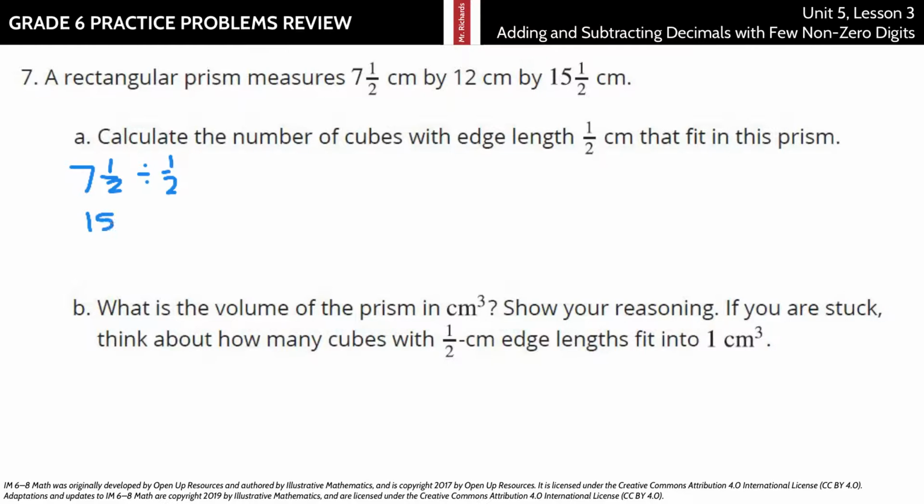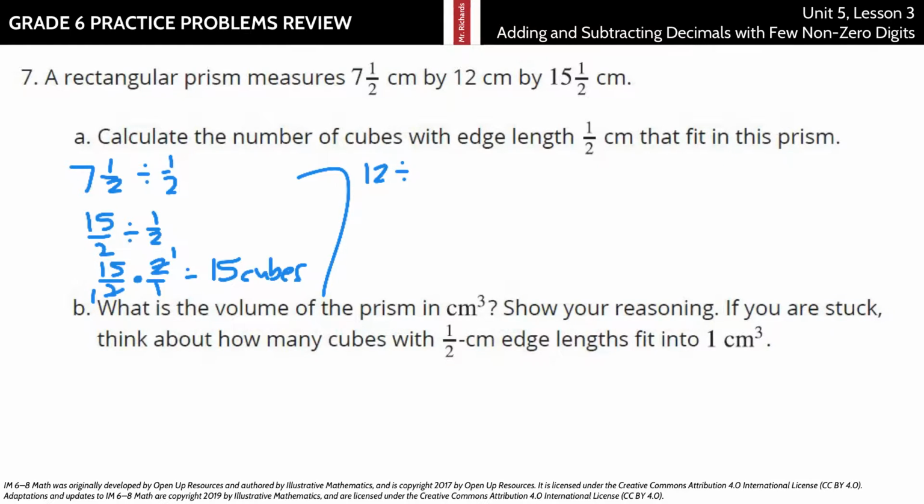And so this leaves us with 15 halves divided by 1/2. And if we keep, change, flip, in order to multiply, we can cross simplify these to 1, and we get a solution of 15 cubes on that side. And we'll just keep kind of doing this.